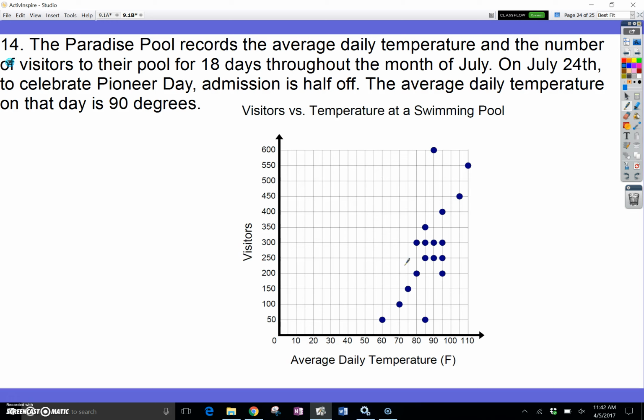So as we can see, this shows a positive linear association. You can see that the points are generally going in an upward direction, which means when temperature increases, visitors also increase. So we would start by saying this has a positive linear association.